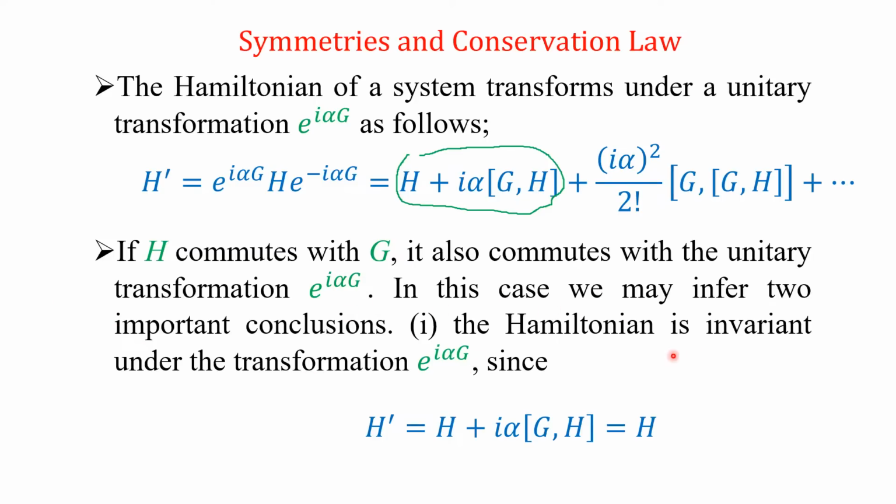One is that the Hamiltonian is invariant under the transformation. That is, H prime is equal to e power i alpha G H into e power minus i alpha G. We have taken only the first two terms, so this will be equal to H plus i alpha commutation of G with H. But G and H commute, and naturally the second term will become 0.